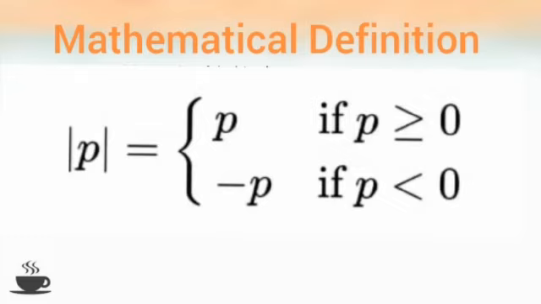It is |P| equals P if P is more than or equal to 0, and minus P if P is less than 0. This tells you to look at the sign of P, and if it's positive, we just drop the absolute value bars. If P is negative, we drop the absolute value bars and then put a negative in front of it.